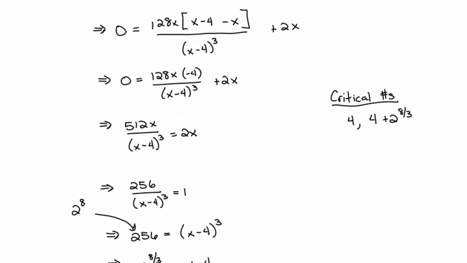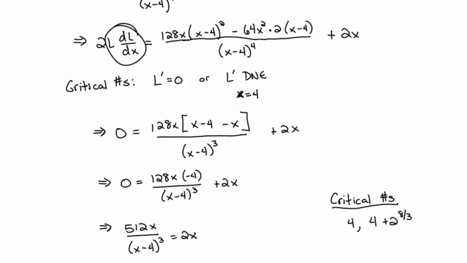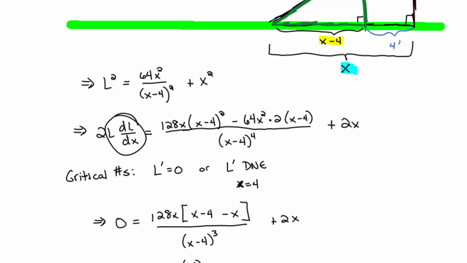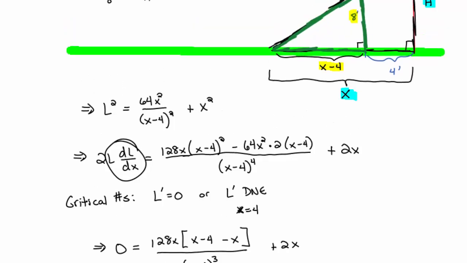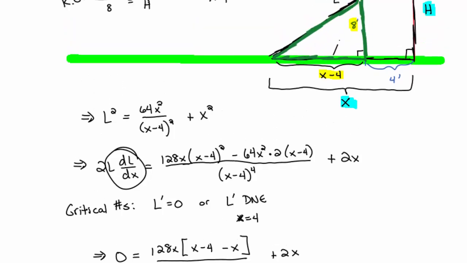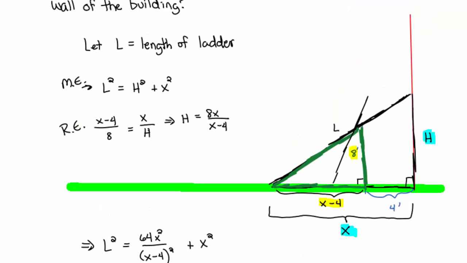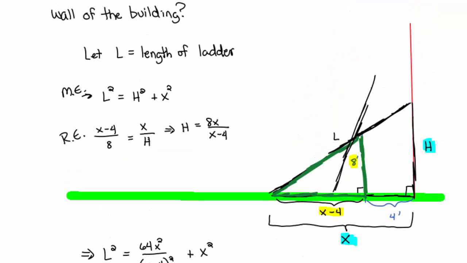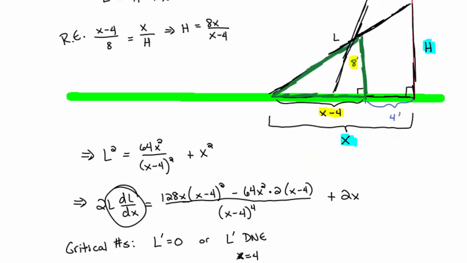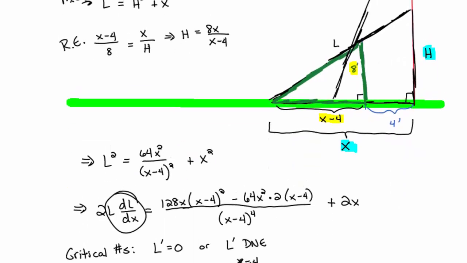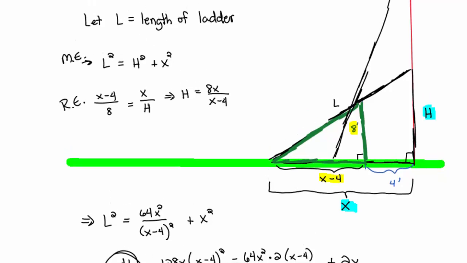I'm not going to check the ends of that. Obviously, if you let L go to infinity, then it's not the shortest ladder. And also, if you try to tilt this ladder up, it'll also still go to infinity. So based on X, really the sweet spot for this floor distance is going to be something greater than 4 and less than infinity.